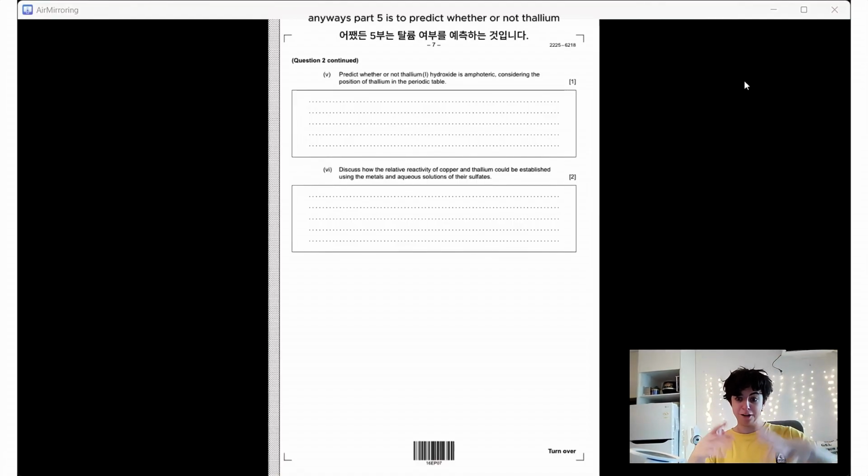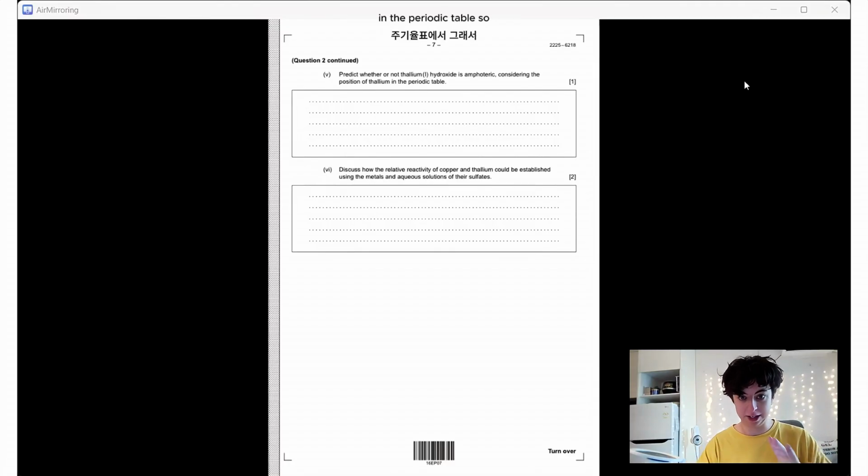Anyways, part 5 is to predict whether or not thallium hydroxide is amphoteric, considering the position of thallium in the periodic table. So this is where we just need to remember what amphoteric means, which is essentially that something can act as either an acid or a base. And so the main example of amphoteric oxides, hydroxides, whatever, that we know is aluminum.